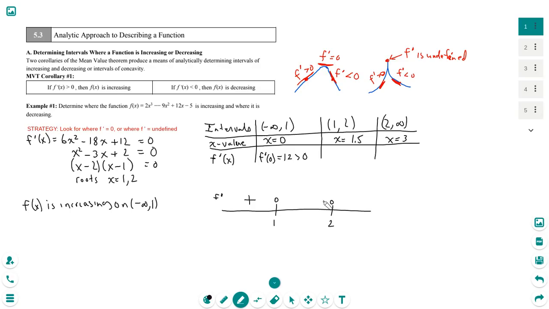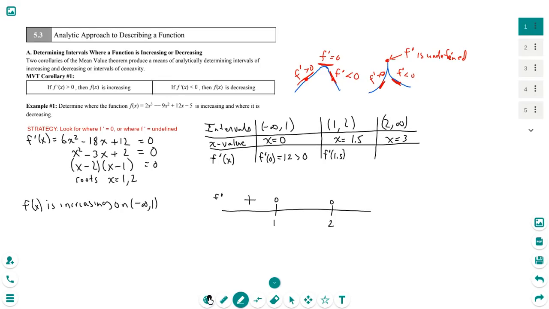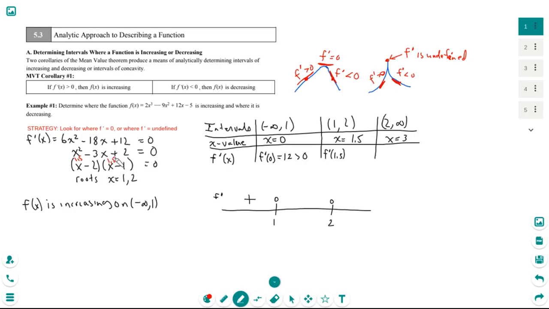And so now let me test a number inside here. So 1.5. Now, I can use either one of these forms. If I plug in 1.5, I'm going to use the factored form. Now I'll show you why I like to use the factored form. So I'm evaluating f prime at 1.5. All right, if I use the factored form, really all I have to do is plug in 1.5 right here, 1.5 minus 2 and 1.5 minus 1.